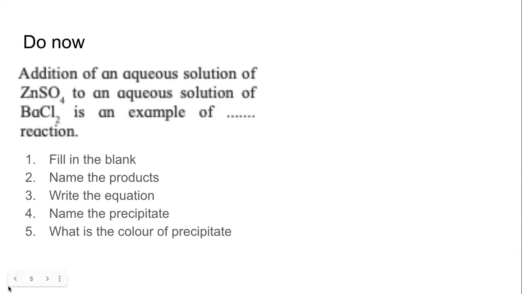Hint number 1. Coming on your screen now. Prachi, Chanda, Anushka have told us that this is a double displacement reaction. Now let us try to complete the remaining answers.